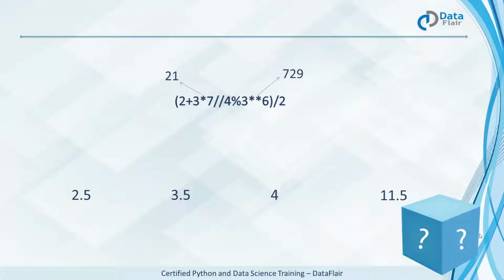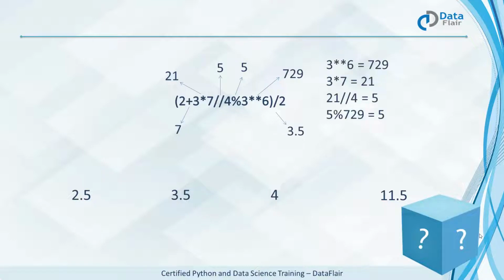Now it carries out floor division. 21 floor divide 4 gives us 5. 5 mod 729 gives us 5. Now 2 plus 5 gives us 7. Finally, 7 by 2 gives us 3.5. So the correct answer is 3.5.